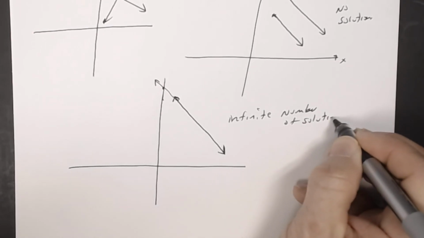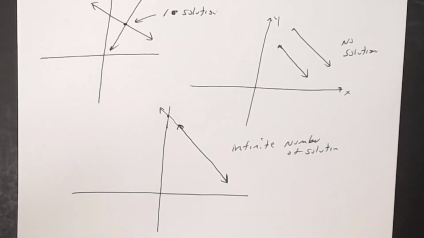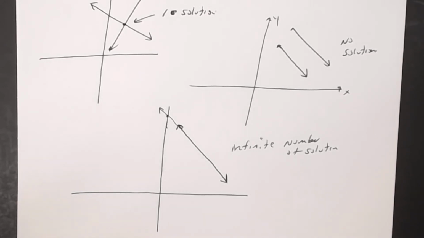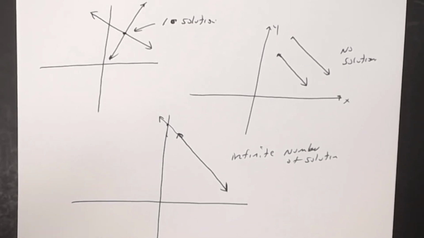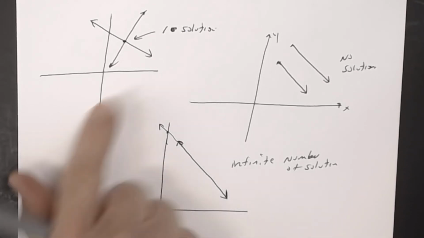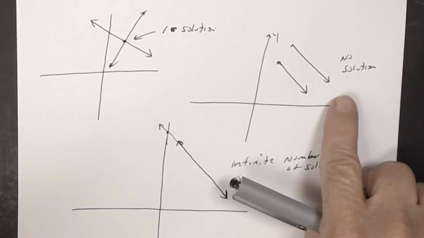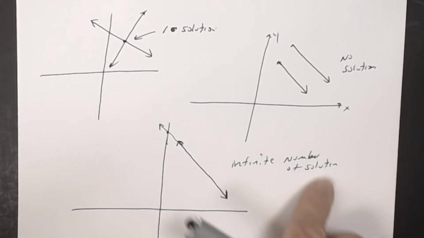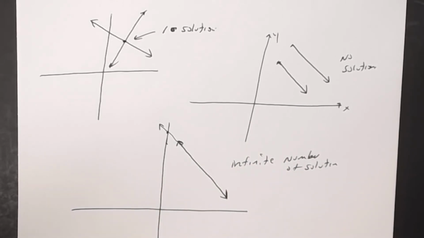As you go through these lessons dealing with solving systems, you're also going to learn how to solve systems by substitution. You're going to learn how to solve systems by elimination. As you go through this, notice that in some cases you'll have one solution, in some cases you'll have no solution, and in some cases you'll have an infinite number of solutions. Okay, so that's going to take care of our lesson on solving a system by graphing.